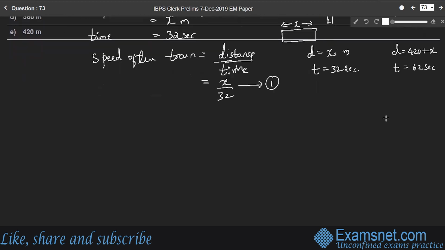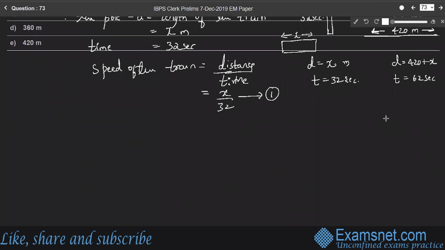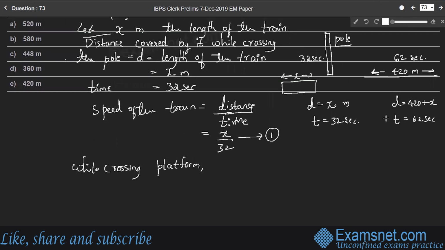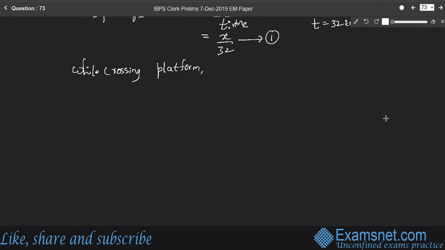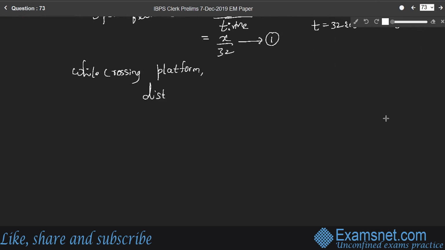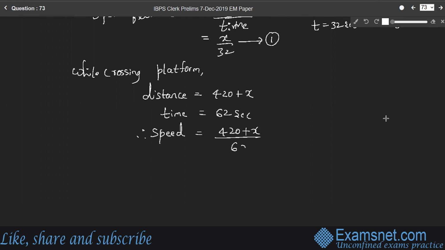So in the second case, while crossing the platform, distance is equal to 420 plus x, and time is equal to 62 seconds. Therefore, speed is equal to distance by time, that is 420 plus x by 62. Consider this as equation 2.